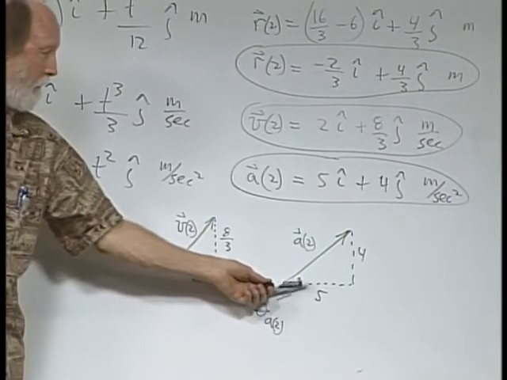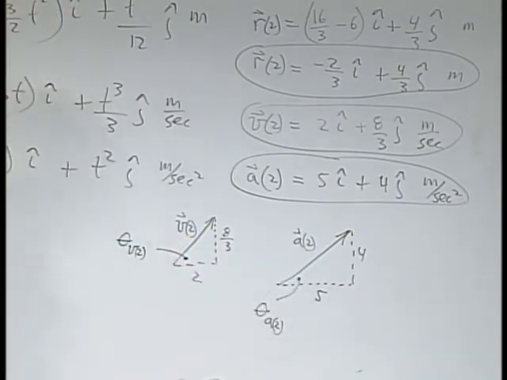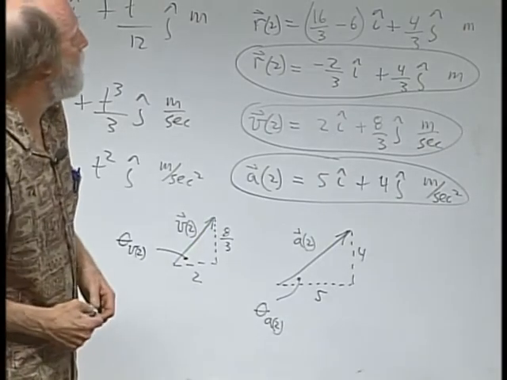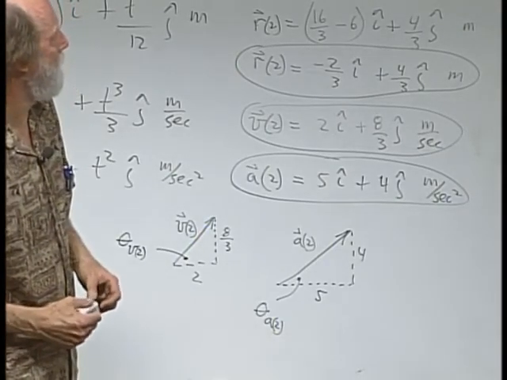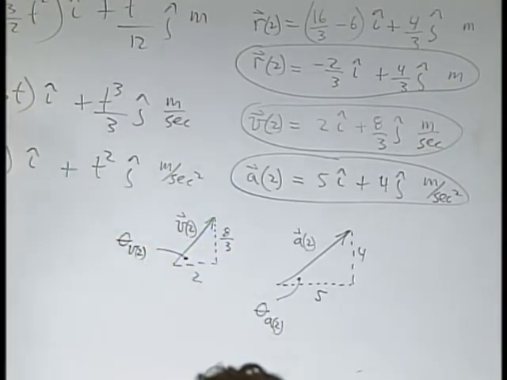Similarly on the acceleration, a 5:4 ratio, so there's an angle in there. The question asked, what's the angle between the velocity and the acceleration, so we want the difference in these angles. And you'd use what trig function to determine each angle?